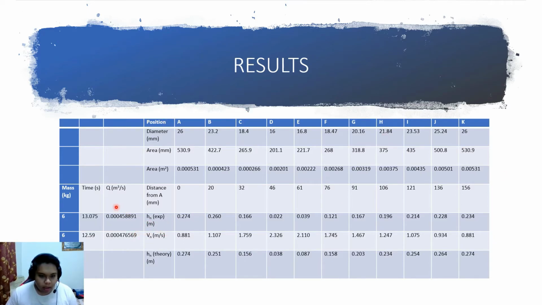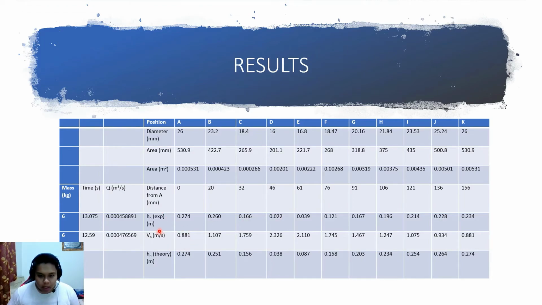And we can see here for 6 kilograms of water, we need 13 seconds, so we get the flow rate of 0.000458891 cubic meters per second. And from that we can apply the formula to get the rest of the data.